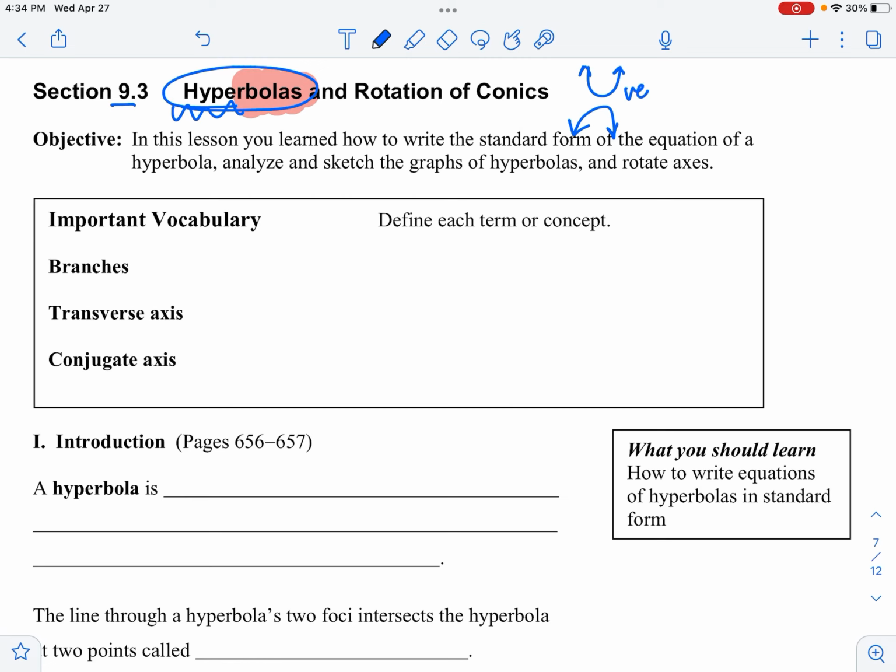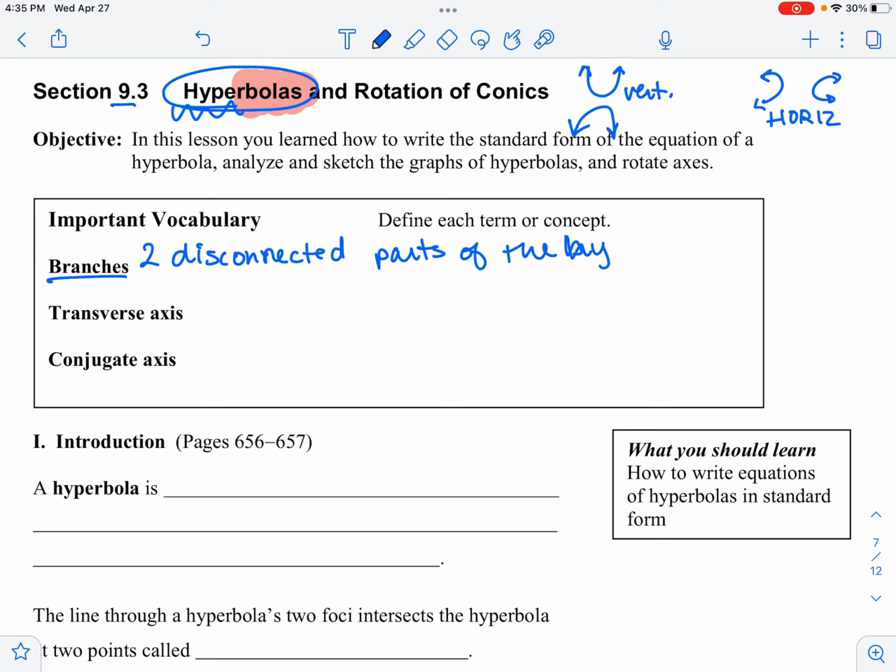So this is called a vertical hyperbola, and this is a horizontal hyperbola. Okay, so the branches are two disconnected parts of the hyperbola. So again, they're disconnected, they're not connected to each other.